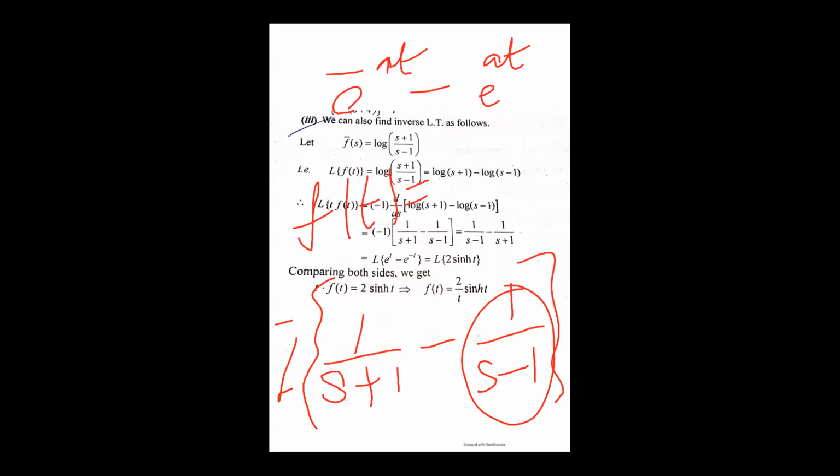We get the multiplying minus of e power at minus e power minus at, by t. We know that e power at minus e power minus at by 2 is sinh at. Here a equals 1.